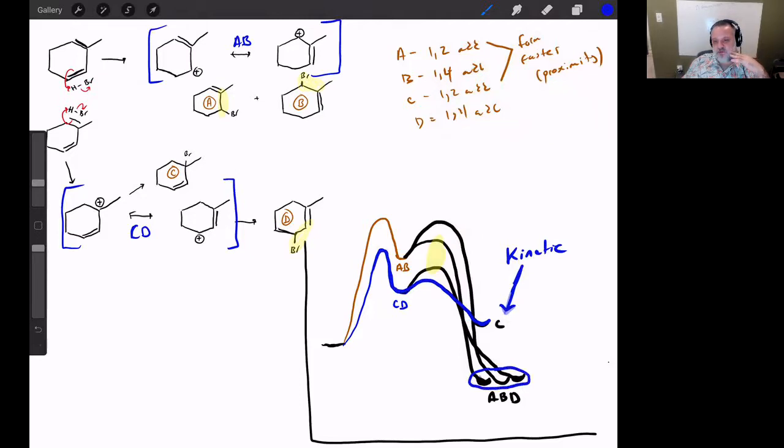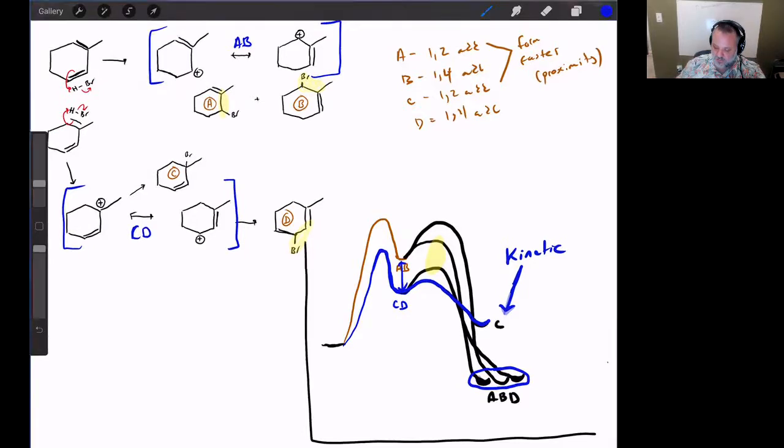On top of that, we don't actually know what the difference in energy is here and how much temperature it would take to overcome that difference. So I'm going to leave it there, and I'm going to say this is an example of a situation where it's not perfectly clear what is kinetically controlled and what is thermodynamically controlled.